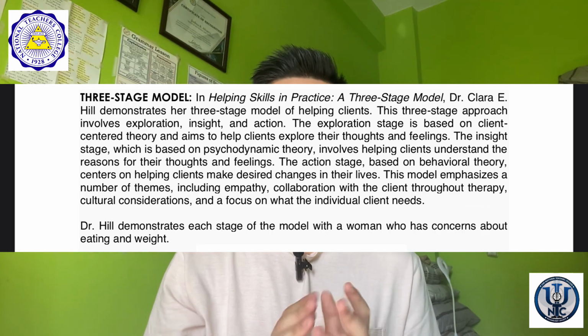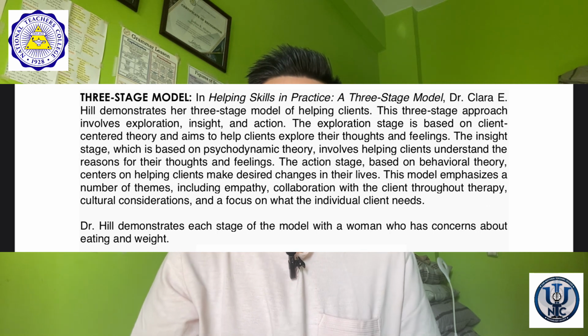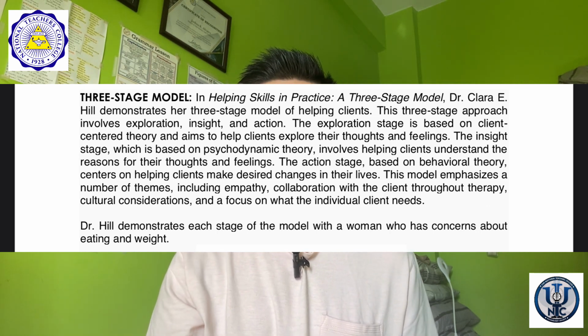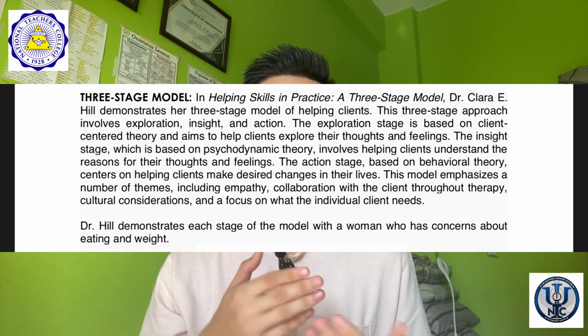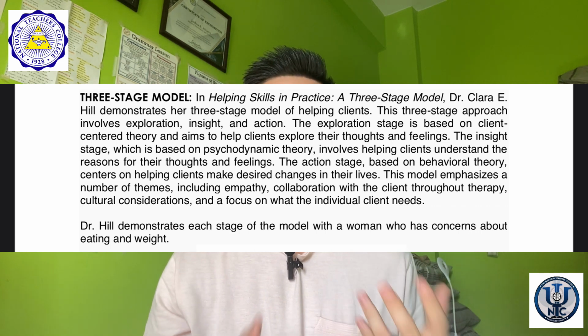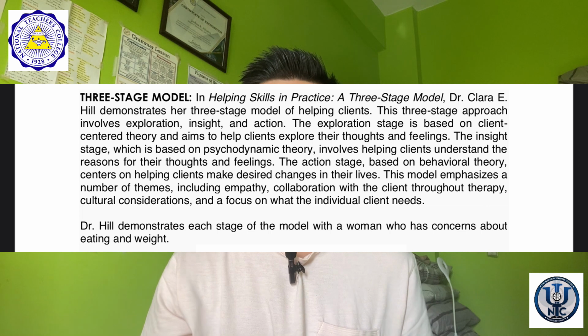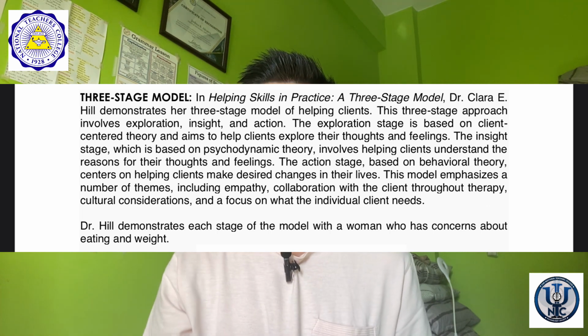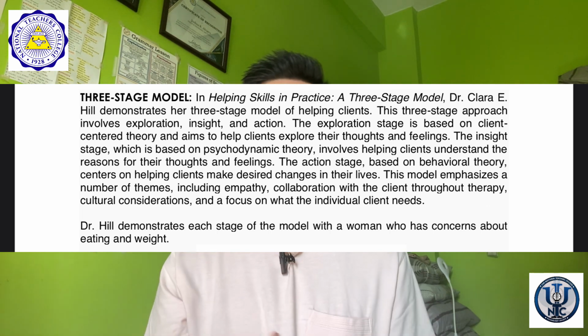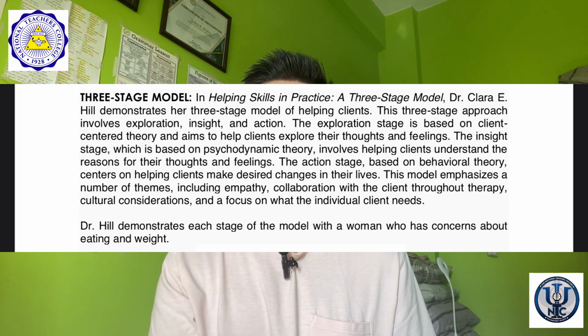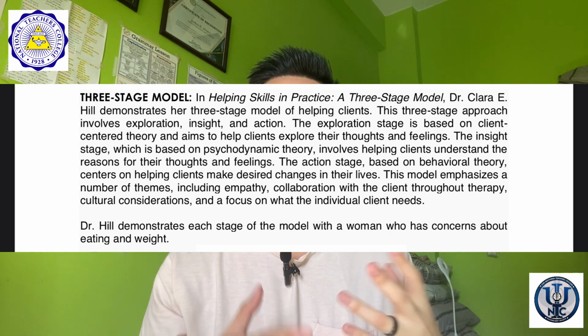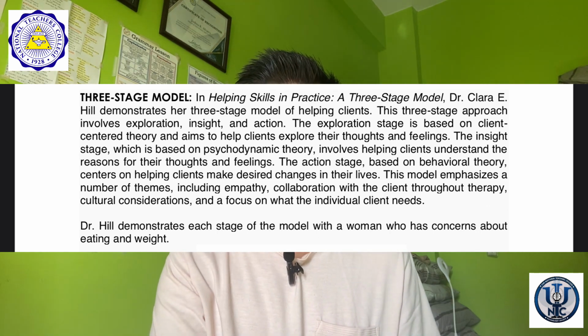The exploration stage is based on client-centered theory and aims to help clients explore their thoughts and feelings. The insight stage, which is based on psychodynamic theory, involves helping clients understand the reason for their thoughts and feelings. The action stage, based on behavioral theory, centers on helping clients make desired changes in their lives.